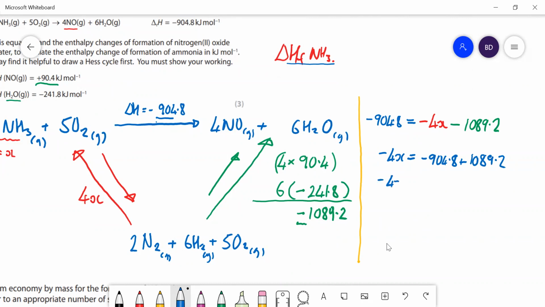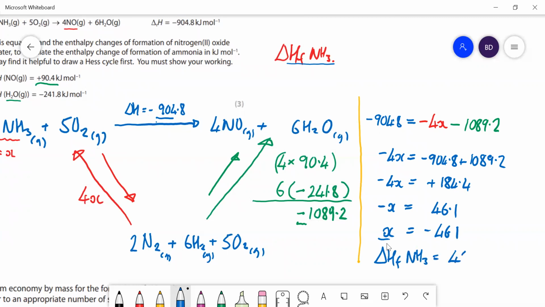Simplify that, minus 4x is equal to plus 184.4. So x, divide that by 4, gives us 46.1. So x is equal to minus 46.1. And x, of course, is delta HF for ammonia. So the answer is minus 46.1 kilojoules per mole.